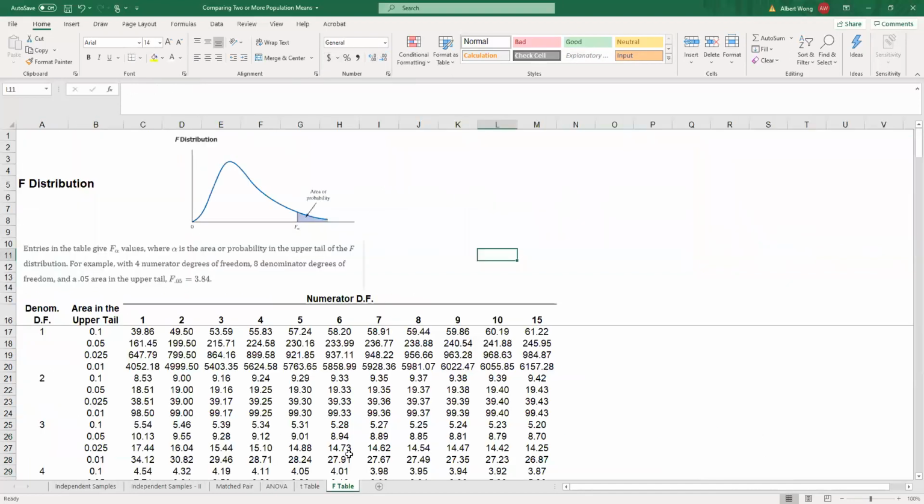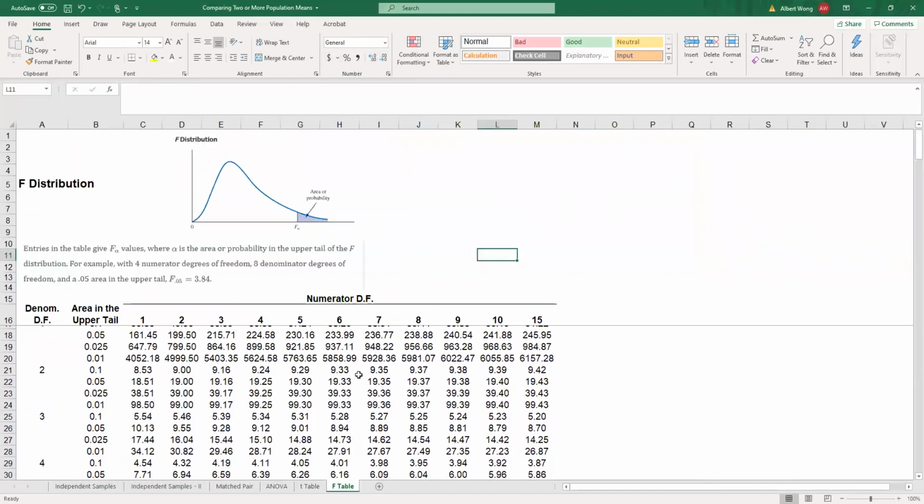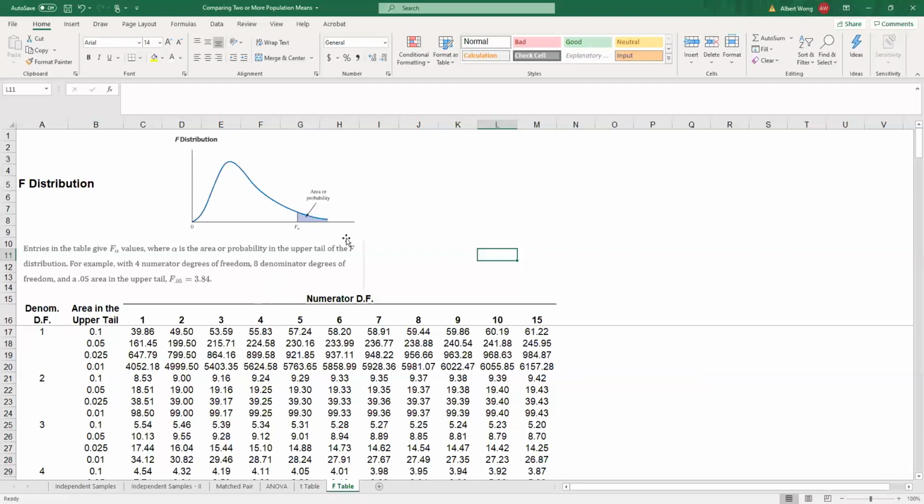Now, you can also use the table. I have reproduced the F table here, just in case you want to use it. When you look at the table, you should always look at the graph. The graph says if the area of the probability is given, and you have the numerator degree of freedom and the denominator degree of freedom, and the area in the upper tail, then you can find the point that corresponds to it.